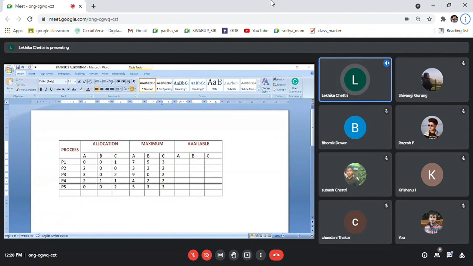The third way is to abort the currently running process, to abort the process that is leading you to the deadlock situation.